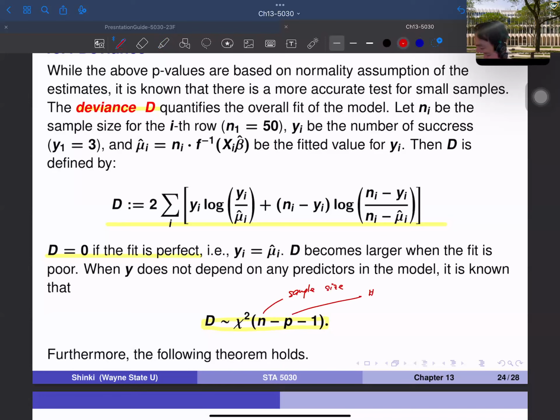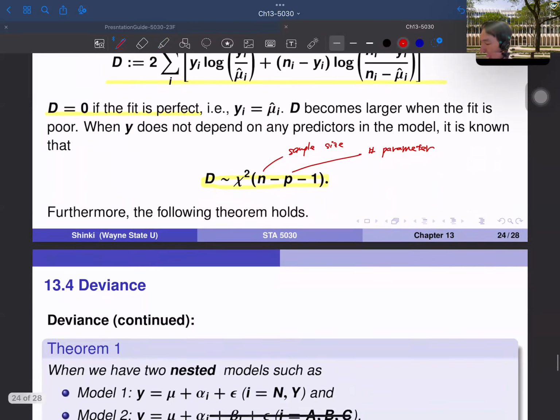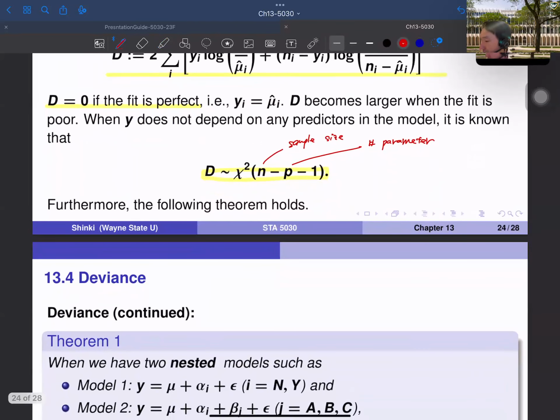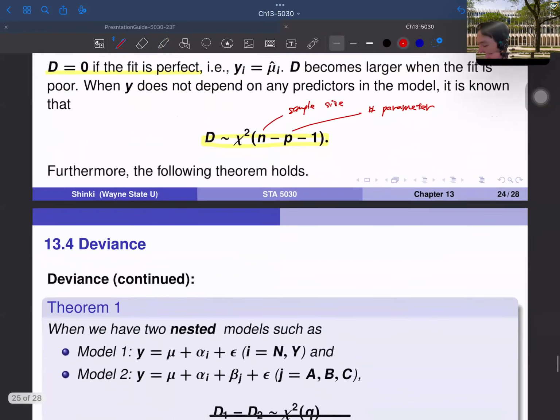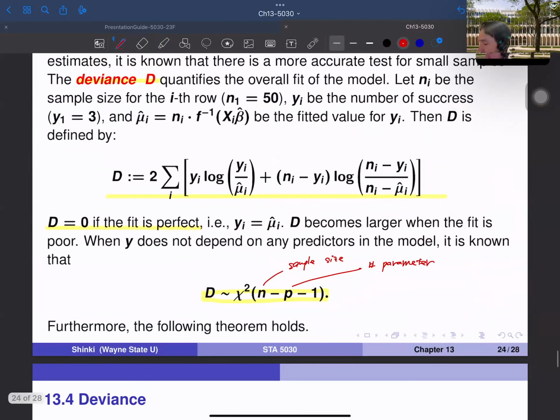For a continuous predictor, p is just the number of predictors. But for a categorical predictor, sometimes we have multiple levels, so we have multiple parameters for one categorical variable. And this D can be calculated for each logistic regression model.